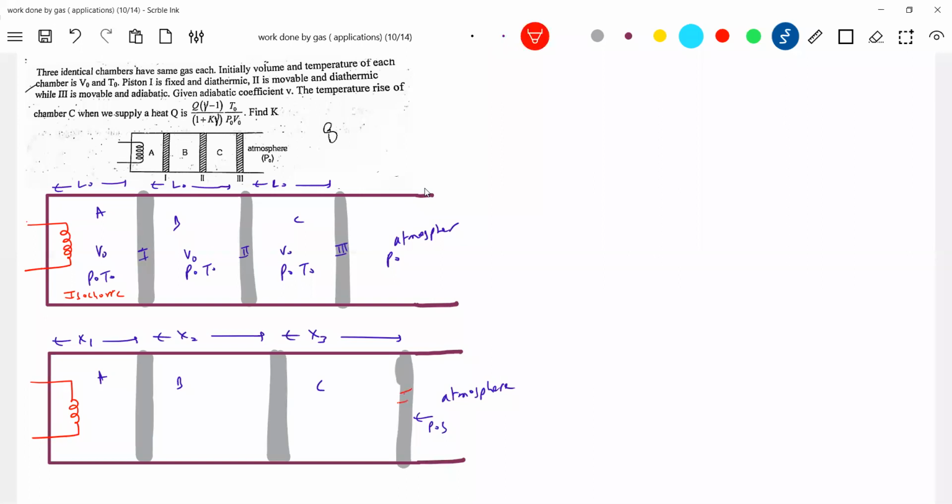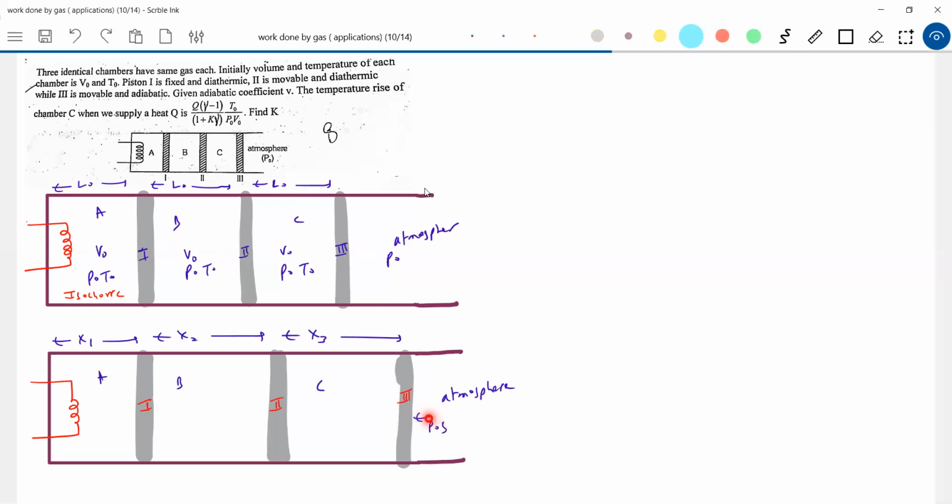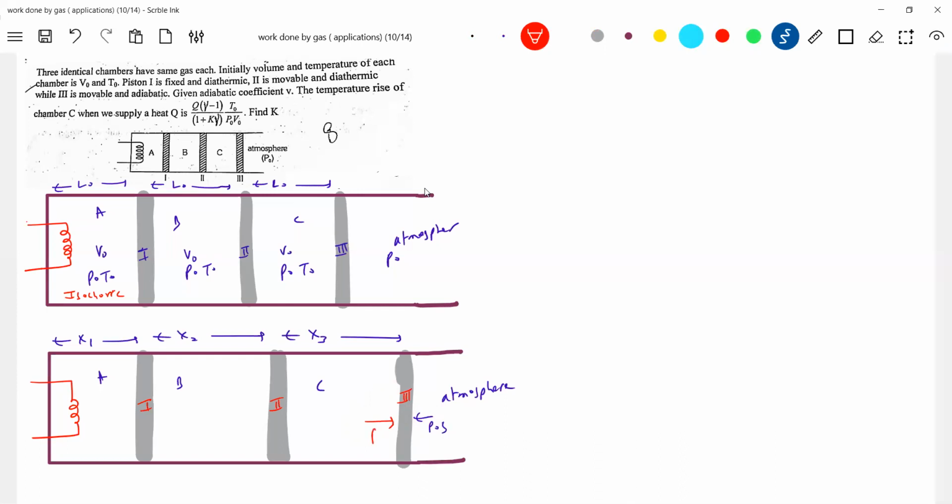Now look at the second part of the diagram. Here the air will exert force P naught S. At equilibrium, what should be the pressure in chamber C finally? Should be P naught only.